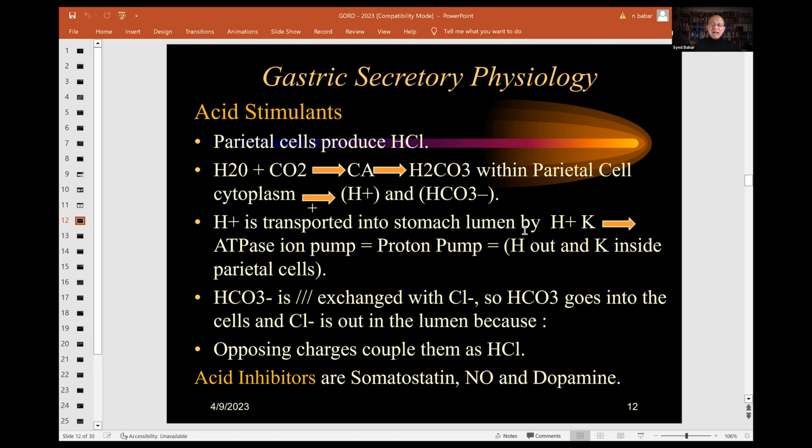So now the hydrogen ion has gone into the stomach cavity, where it is in an unstable state. And the potassium needs to go inside and be bonded by something else. I've mentioned that bicarbonate, which is already present, is exchanged with chloride. So the chloride from the inside goes outside and bicarbonate comes in.